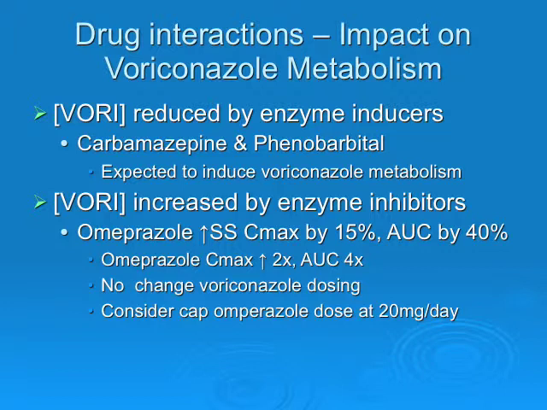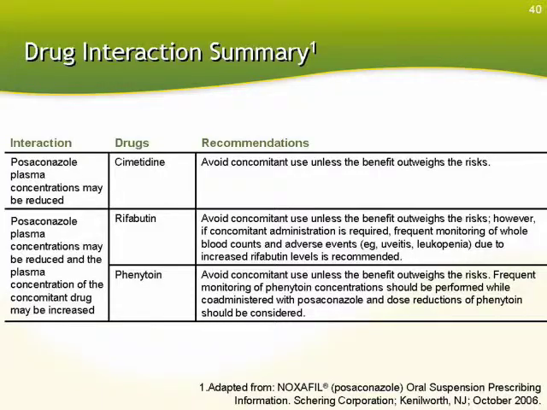So they recommend no change in Vori dosing. Consider capping omeprazole dosing at 20 milligrams a day, although there's a lot of great therapeutic window with this drug, so I don't tend to worry about it too much. Massive doses have been given for people with Zollinger-Ellison syndrome. However, you'll see that maybe in some specific patients, this actually is a clinically relevant drug interaction. We'll come to that.